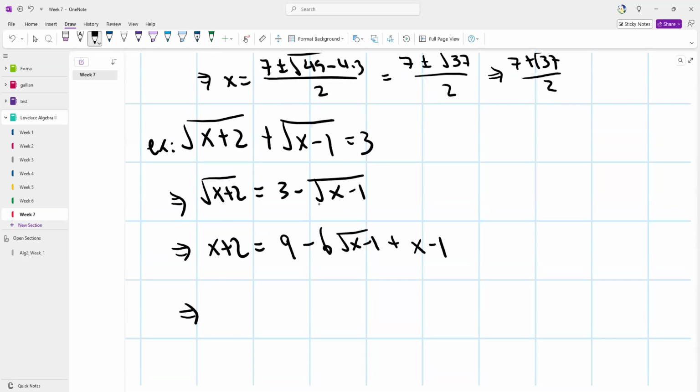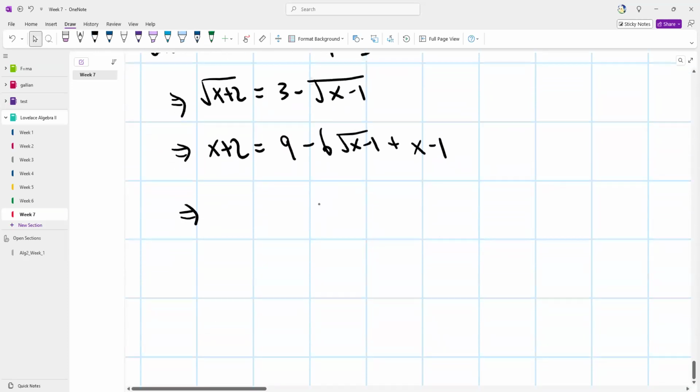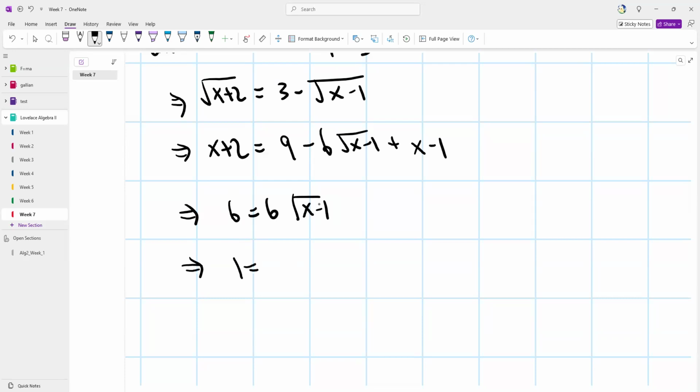The x cancels out. So if we move everything else to the other side, we have 6 times the square root of x minus 1 is equal to 6. Oops, wait, it should be 6. And we can divide by 6, so this is equal to 1.